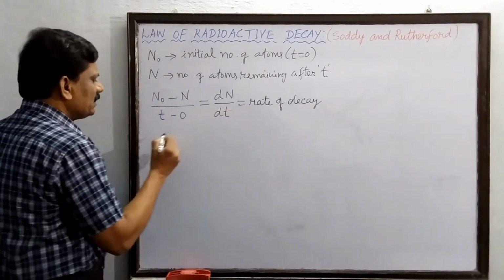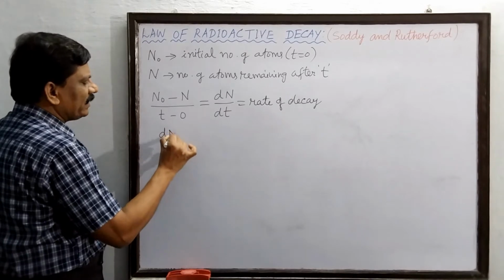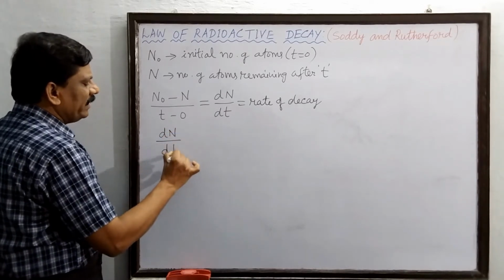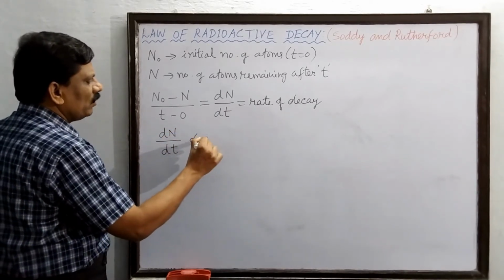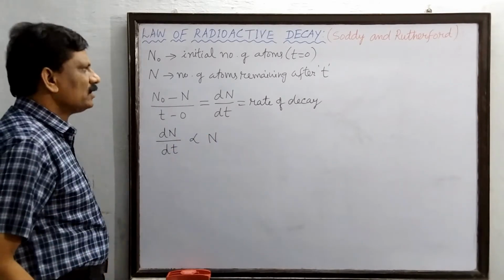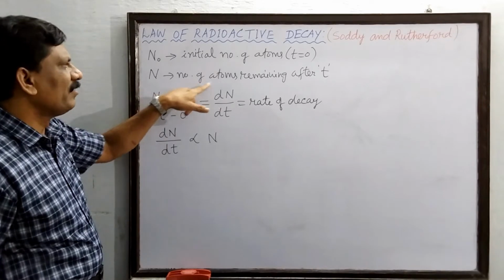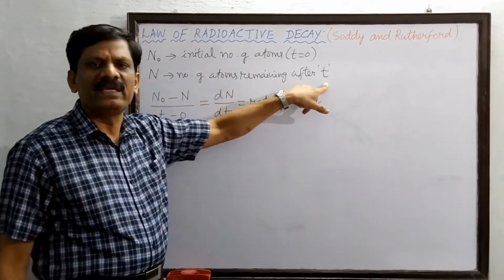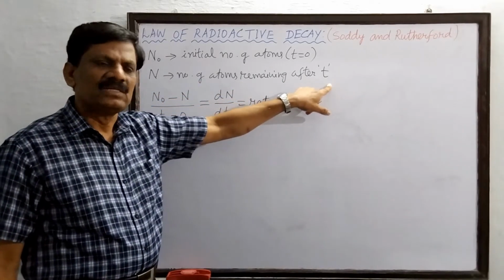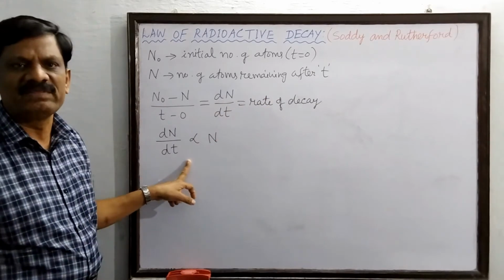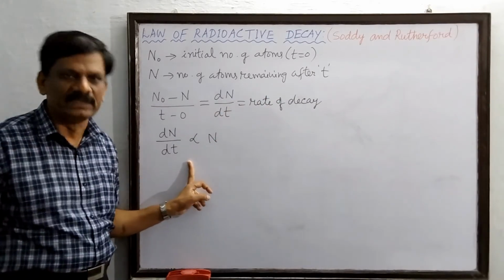So this statement is mathematically written as dN by dt is proportional to capital N. So what is capital N? We have written already. This is the number of atoms remaining undecayed after a time t. So this is the mathematical statement of the law of radioactive disintegration.